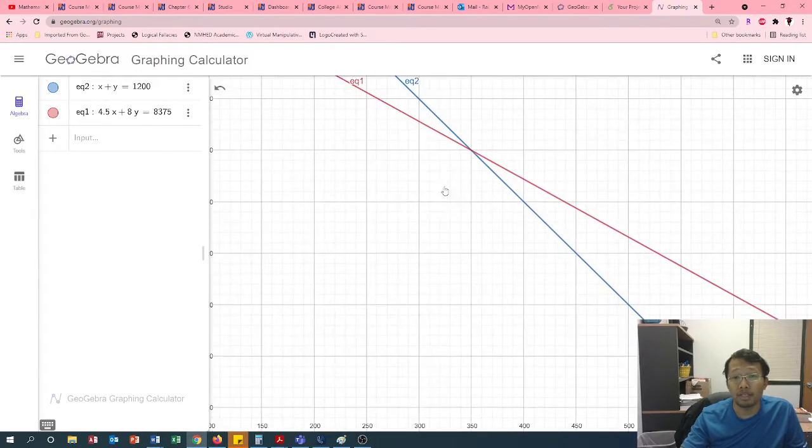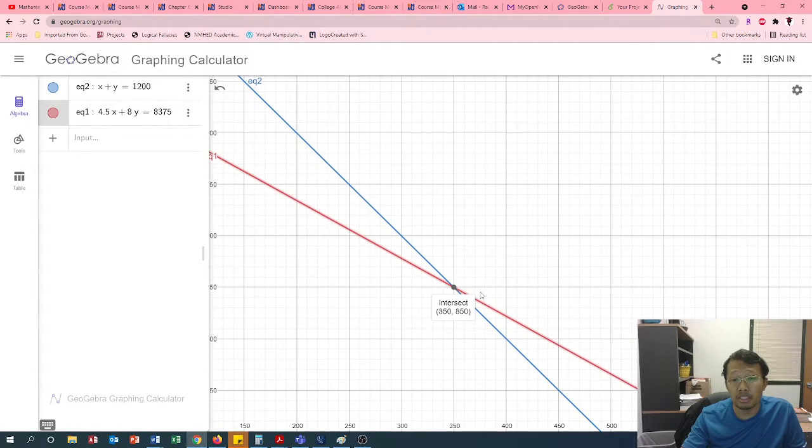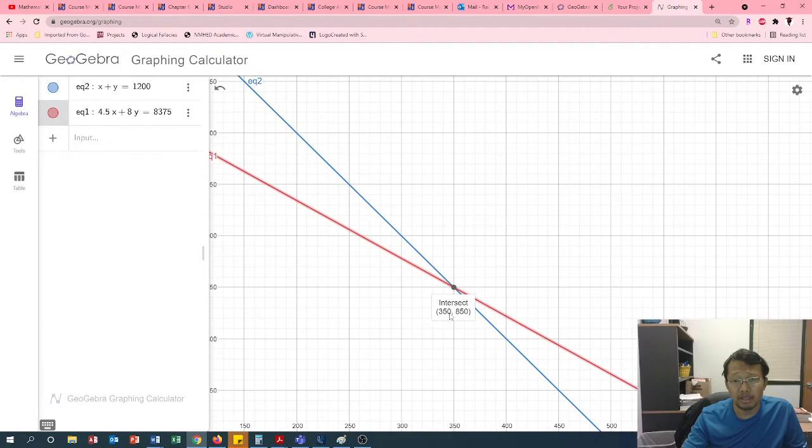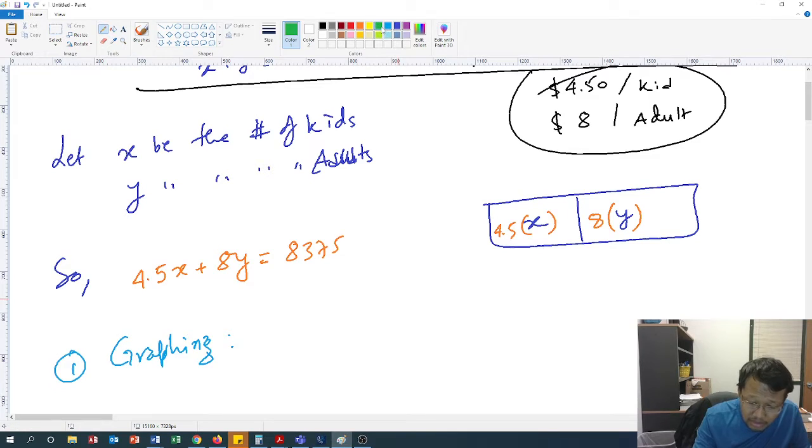Now this is the point of intersection. The point of intersection is 350, 850.